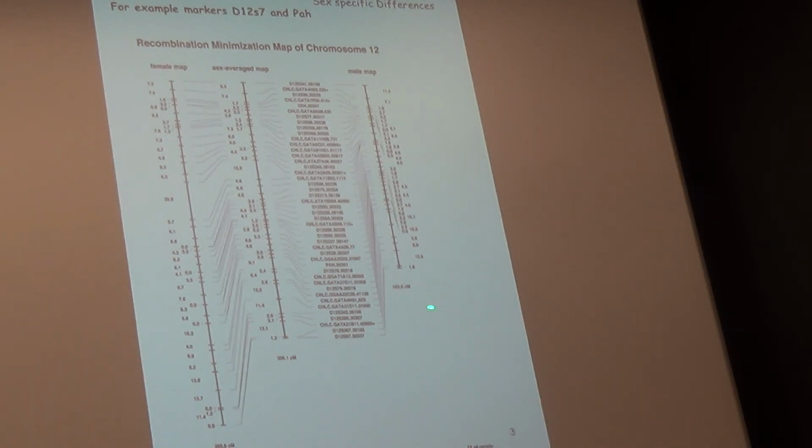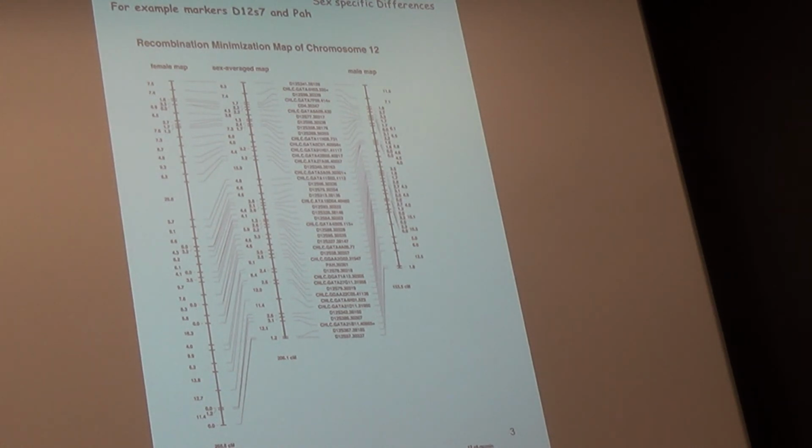This is what the male map would look like for the same chromosome. Because there's fewer recombination events, the distances between the genes are closer together. And so you kind of map them as a smaller chromosome. And so what you usually observe when you draw a map is a sex average map. It's the average map of the female and the male in a sense.